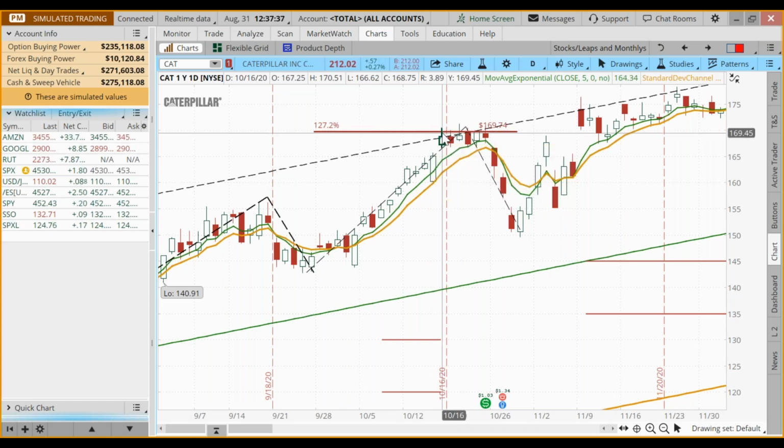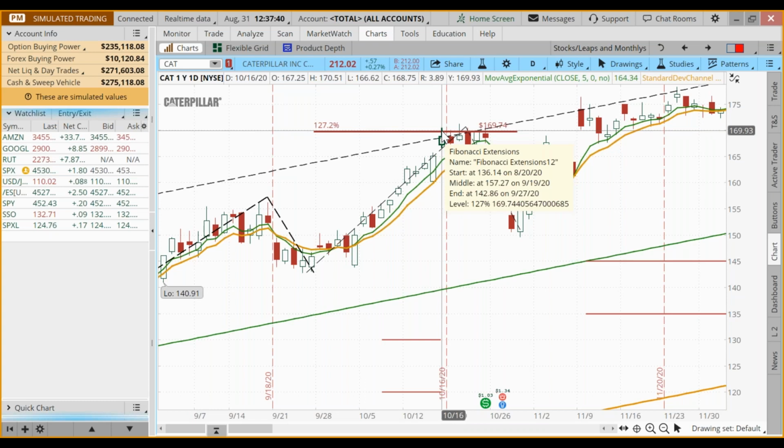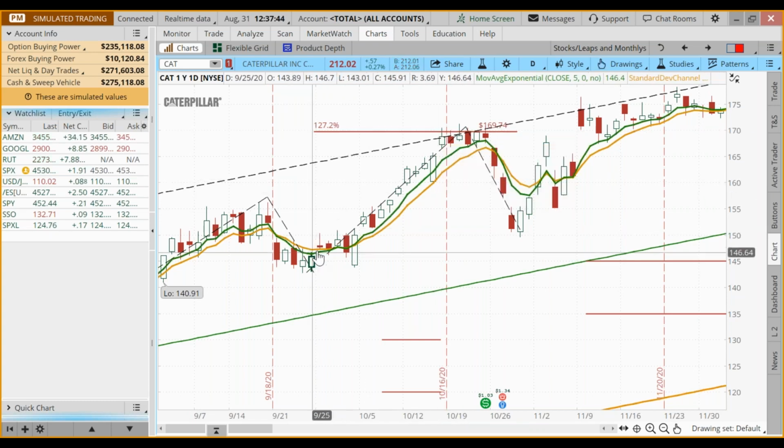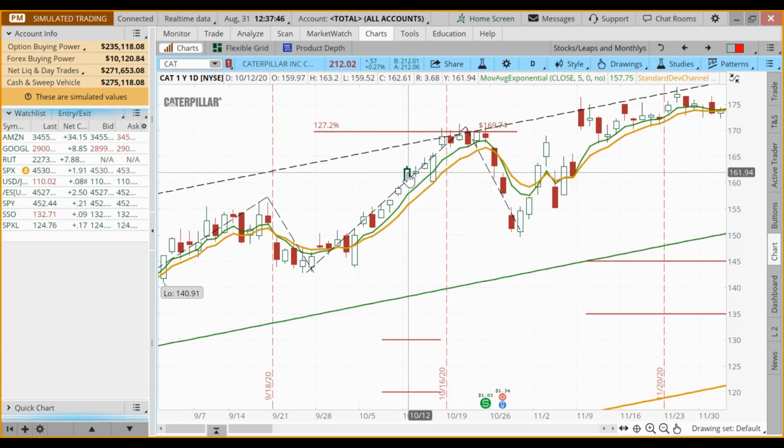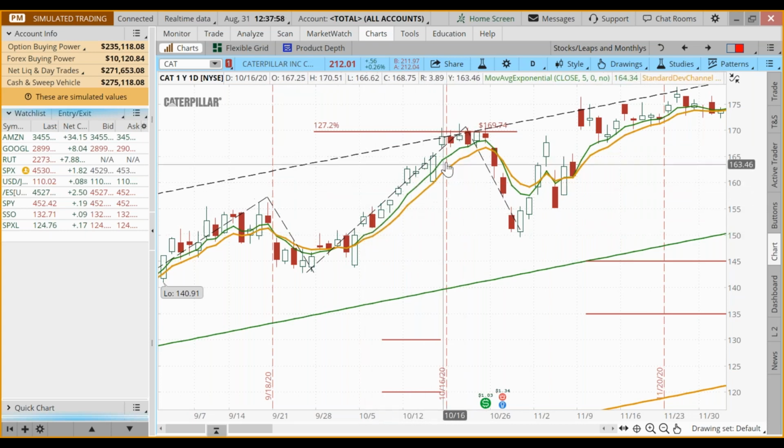Right here, it hit 127. I got out of this trade with about 11% profit on margin, which is beautiful. This is like a picture perfect trade.